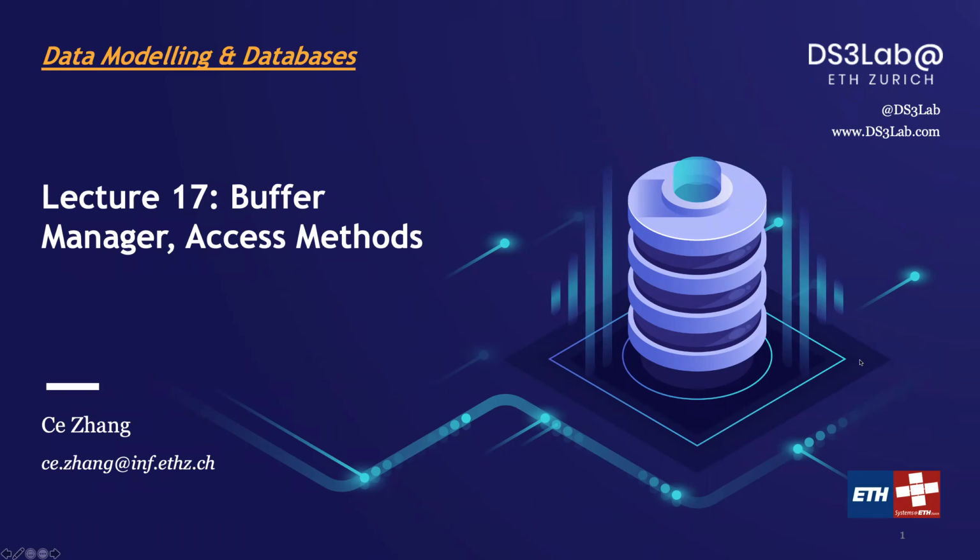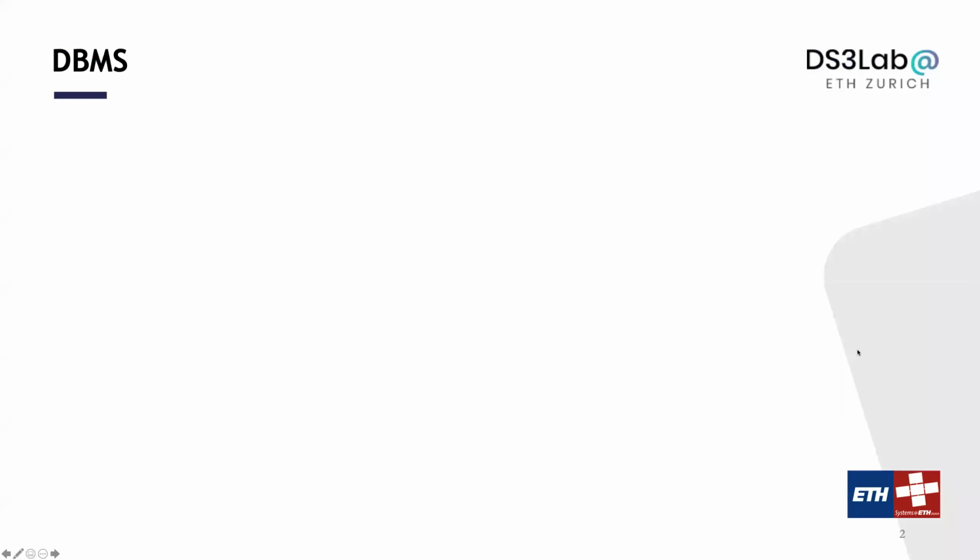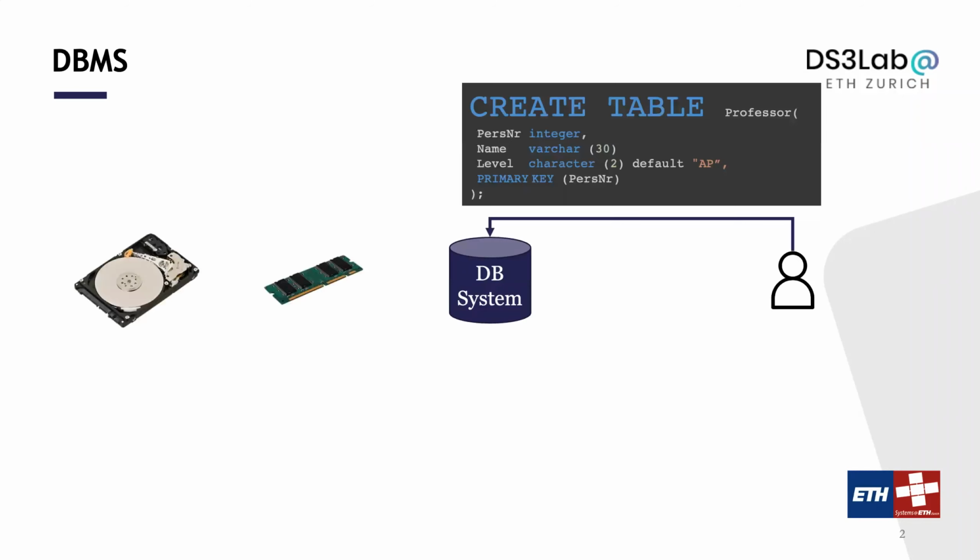Okay, let's get started. Starting from last lecture, we started to talk about database systems. If you think about what a database is trying to do, you as a user can create relations.